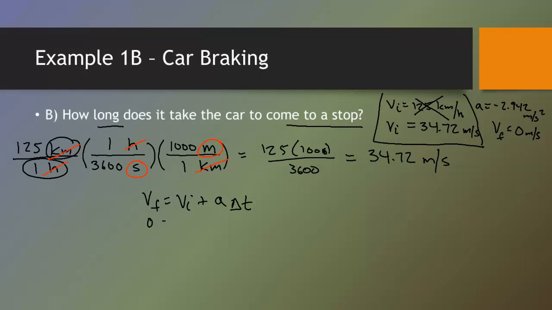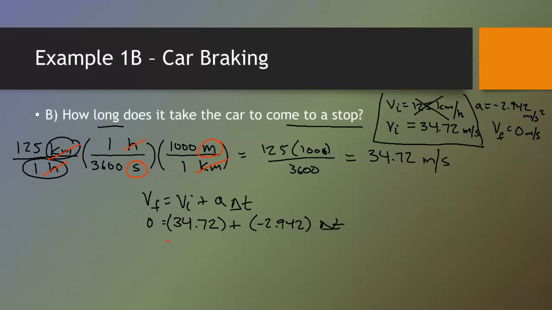The final velocity is 0. The initial velocity is 34.72 meters per second. A is negative 2.942. And delta t is just the time that we're looking for.